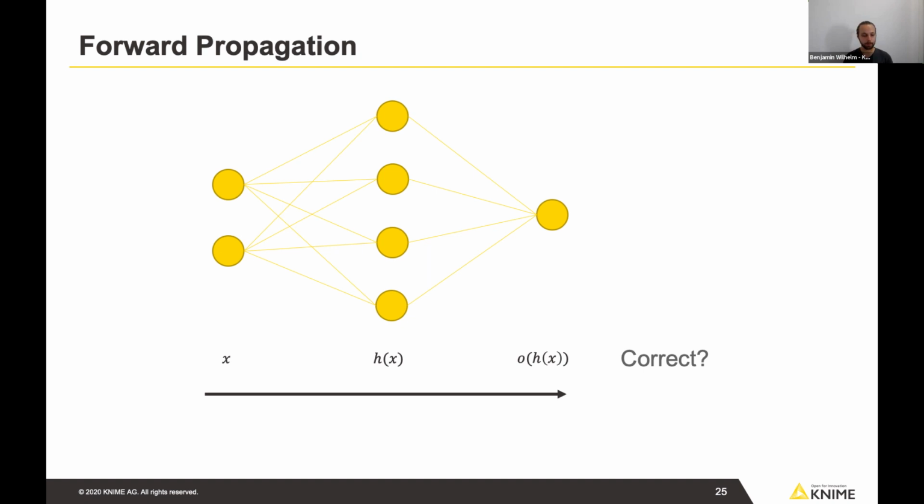So what we do now is we train the network, so our X is a training data point, and we actually know what the network should predict. And then we ask exactly this question: was the prediction of the network correct? So we do the forward propagation, and we ask this question using the so-called loss function.